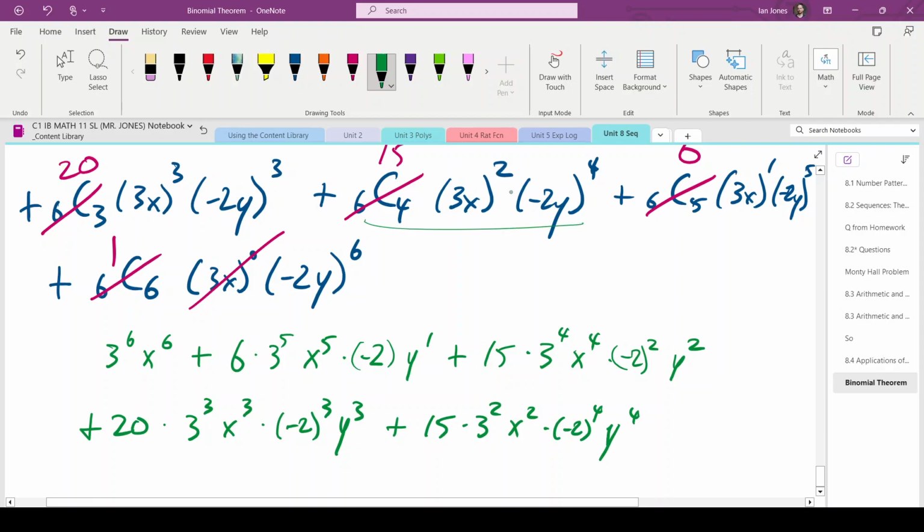I'm just looking up at each term, applying my exponents to the bases.